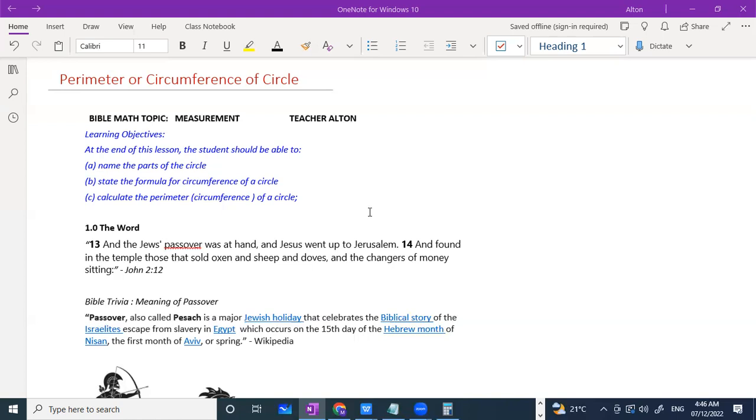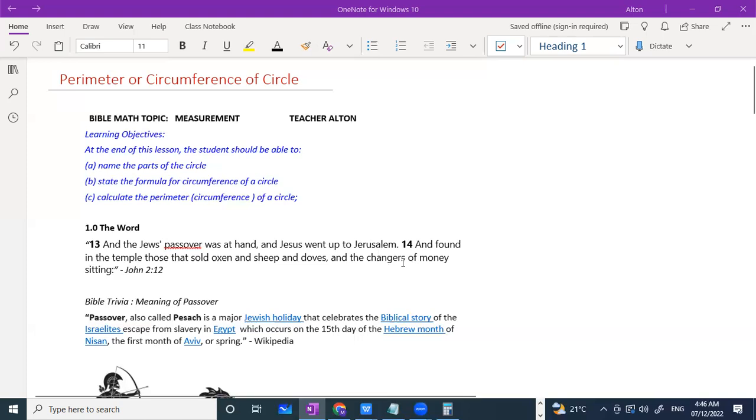What is the connection with some of the things that Jesus saw in that temple? What is the connection with math concerning the relevance of the Jews' Passover? I'm glad you asked.